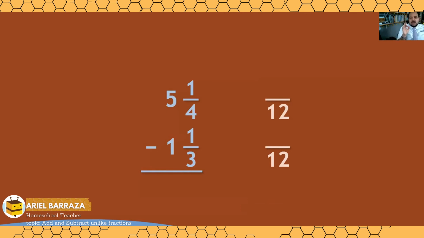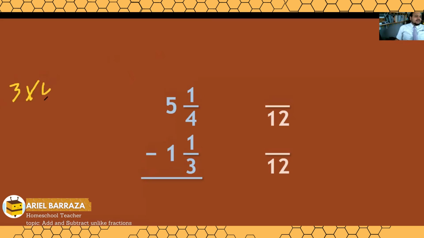We are just working with the fractions. Fractions should be in the same term, meaning I need to change my fractions into like fractions. My new denominator will be 12. How is this multiplication? You multiply 3 times 4. 3 times 4 is 12. I can say also that 4 times 3 is 12.